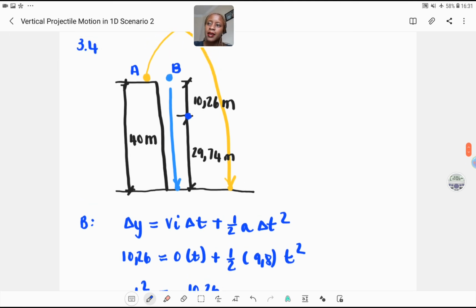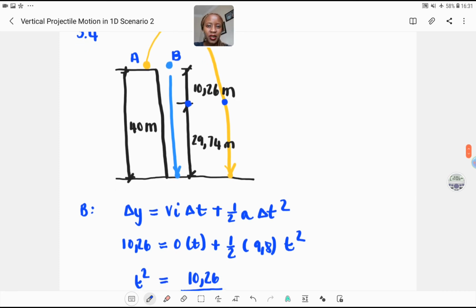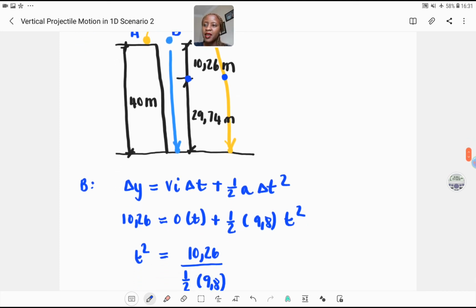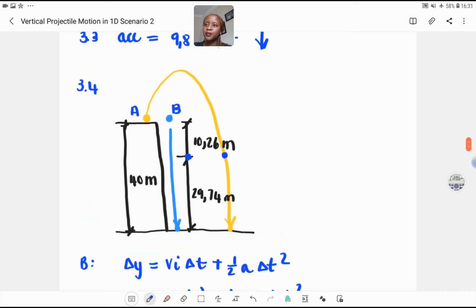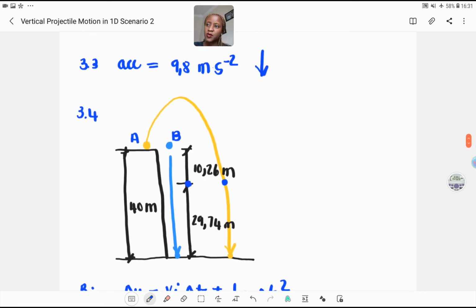Now we want to know for A, when it gets to that point, how long would it have been? Okay, so what are we going to do? My plan is to first determine the time it takes for A to reach its maximum height.